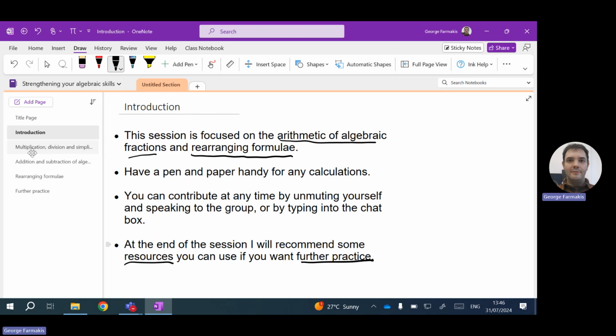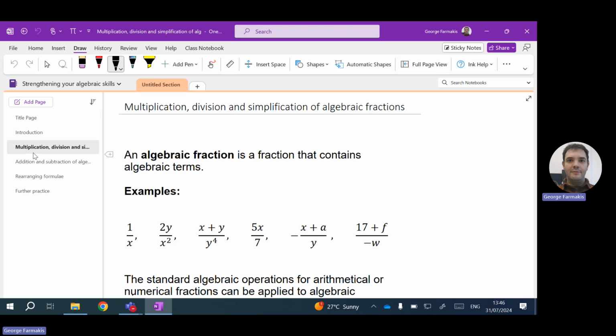Okay, let's start with multiplication and division and simplification of algebraic fractions. First, what is an algebraic fraction? An algebraic fraction is a fraction that contains algebraic terms, so it contains algebraic variables. So 1 over x is an algebraic fraction. 2 times y over x squared is also an algebraic fraction. 5x over 7 is an algebraic fraction.